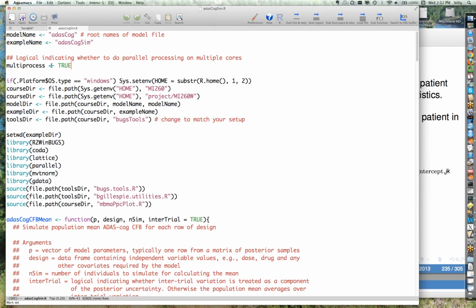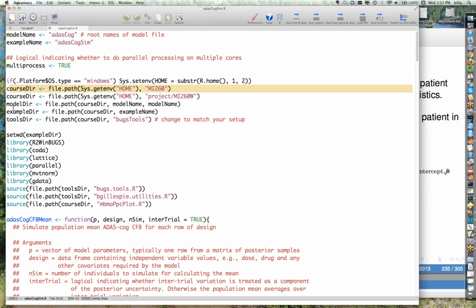Like I did in the previous simulation example, I'm going to take advantage of doing some parallel processing here. So I've got this multi-process logical here that I've gone ahead and set to true. Again, if for some reason that's not working correctly on your computer, or you just want to see what happens if you just do it on a single processor, you just set that to false.